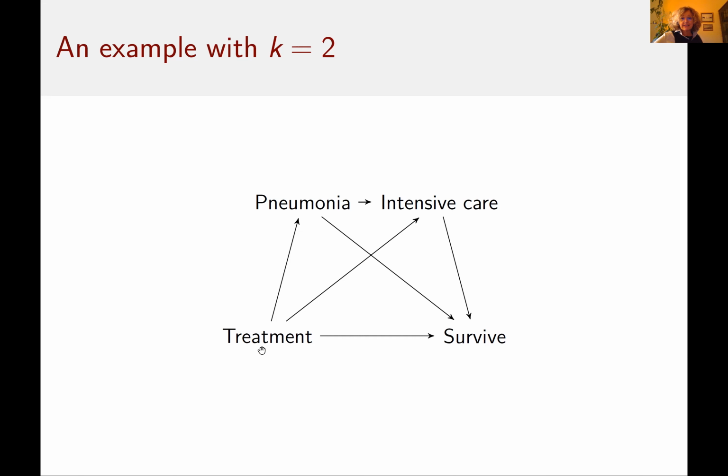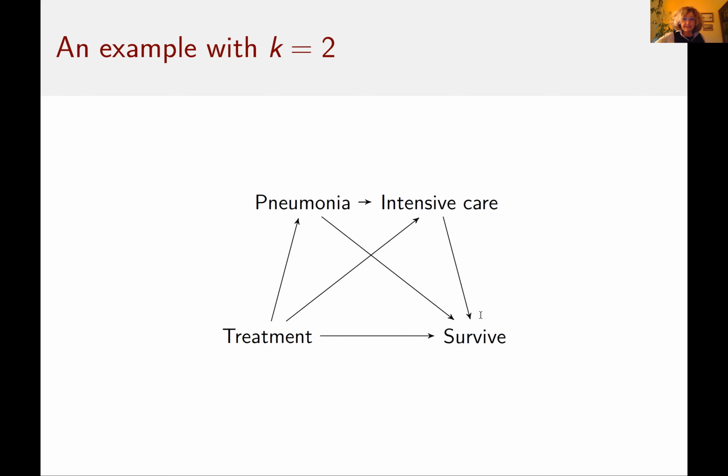But the idea is we have a kind of treatment. We are dealing with COVID-19 patients, treatment A or treatment B, and this treatment could have an effect on the probability of getting pneumonia, and then these two together may influence the decision to go into intensive care, and all together they may influence the outcome, which is surviving COVID-19 or not.